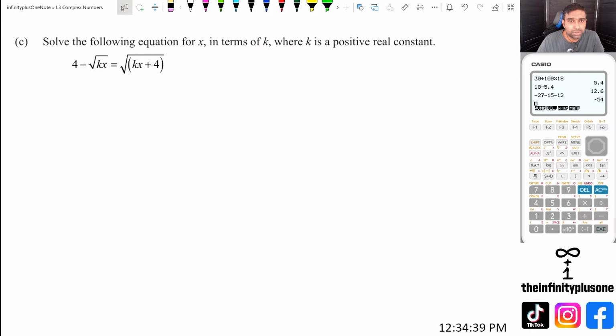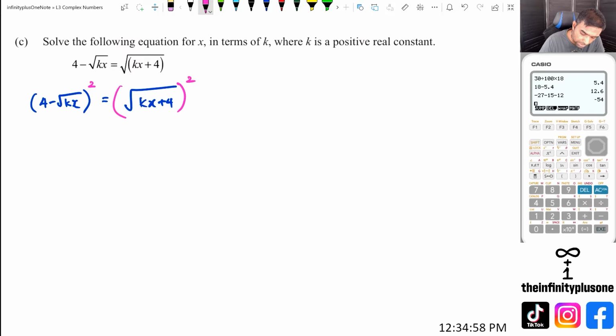All right, so for this question, what we've got is solve for x in terms of k. So we're going to square both sides. So we're going to go 4 minus square root of kx equals square root of kx plus 4. What we're going to do is square both sides, and when we do this we actually end up with 4 minus root kx multiplied by 4 minus root kx equals kx plus 4.